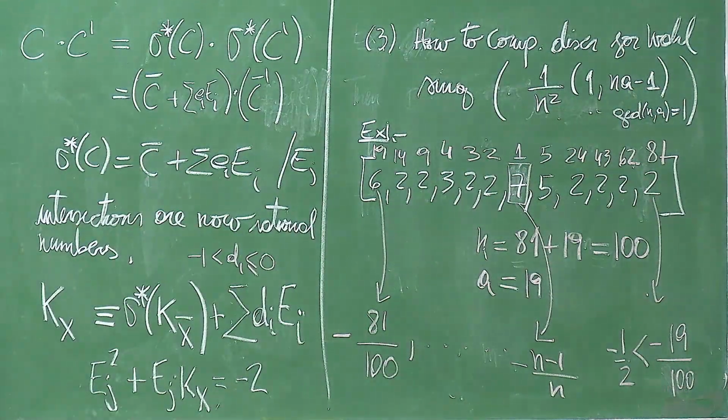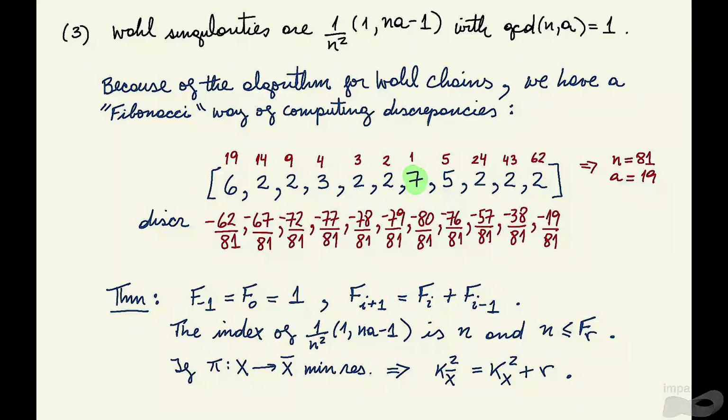But using that, you can prove the following theorem, which is written there. It turns out that you can show that the index of these Wahl singularities, which is 1 over n squared and so on, is n, not n squared. Index means the number that you need to multiply the canonical divisor by to make it Cartier.